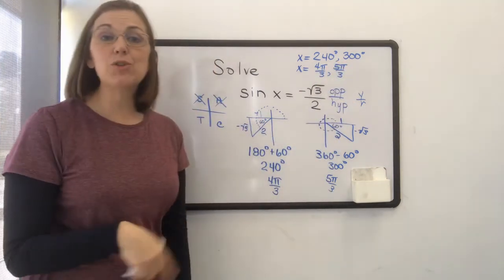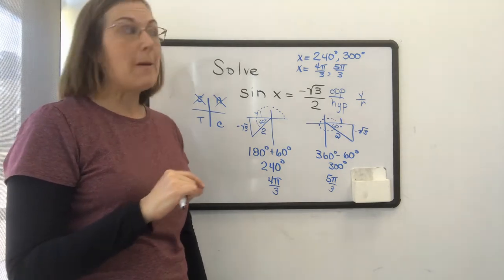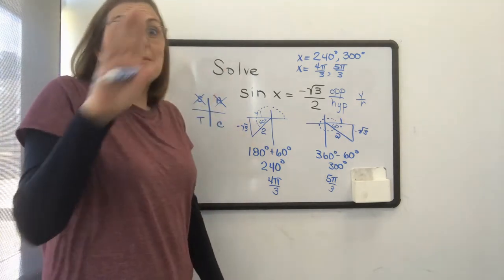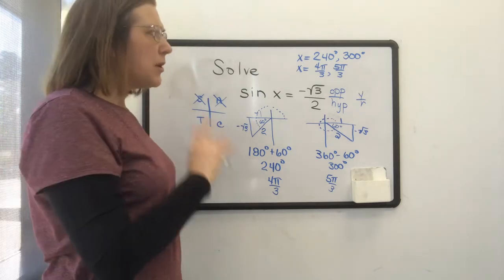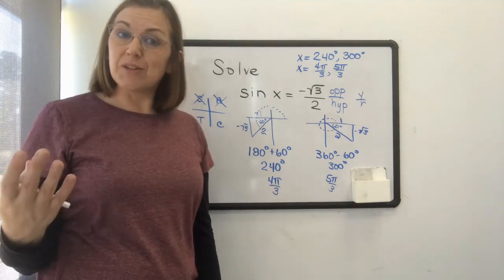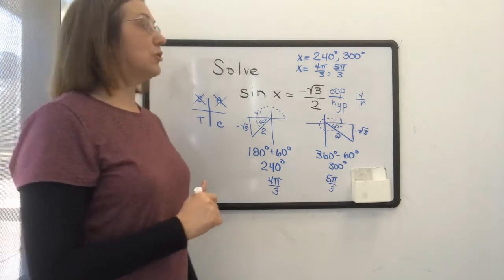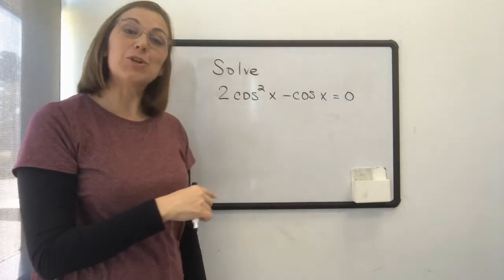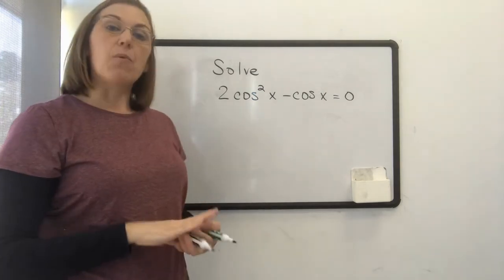And again, this is assuming we only want answers within the first revolution of the unit circle. Realize we could keep going around the unit circle and get more and more answers to this equation. But for the most part, generally you're going to be looking for that first time around the unit circle to find these solutions.